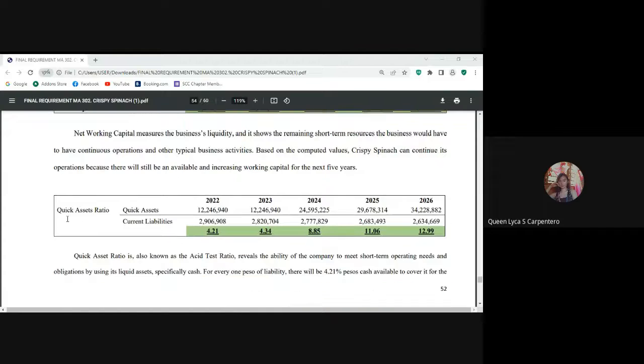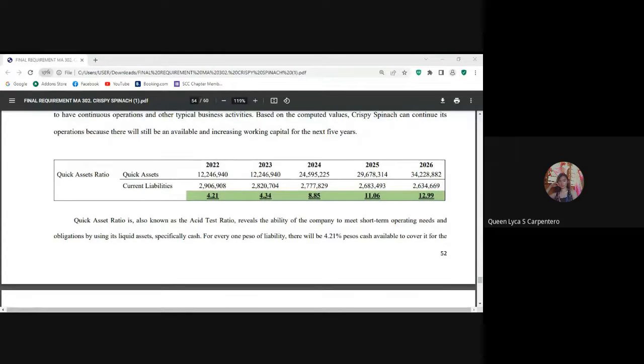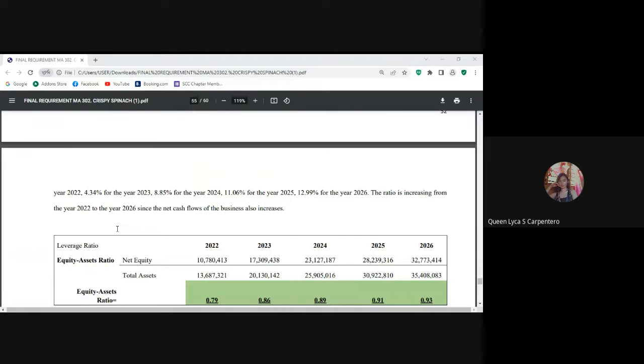So in the quick asset ratio, also known as the acid test ratio, reveals the ability of the company to meet short-term operation needs and obligations using the liquid asset, specifically cash, for every 1 peso daw basta liquid siya na siya ay 4.21% kada peso cash available to cover it for the year.